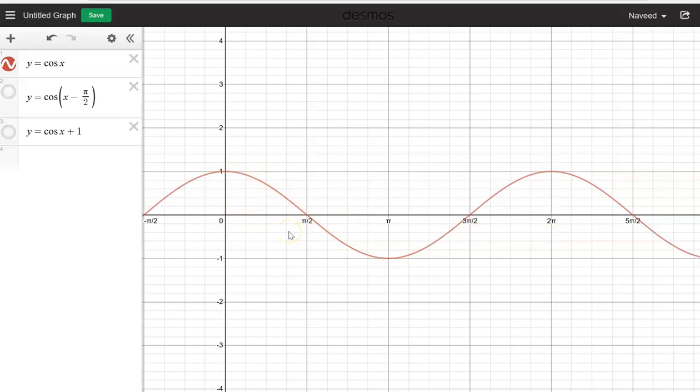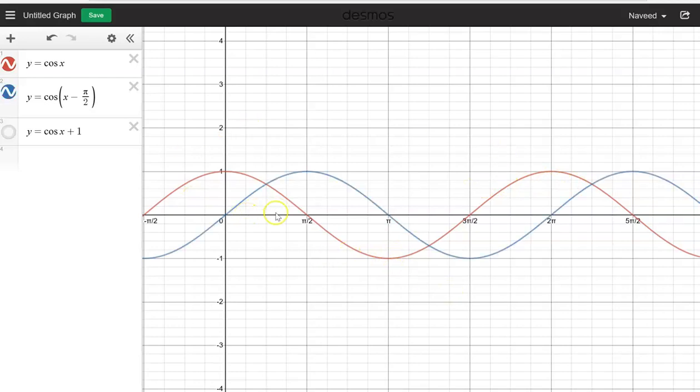And then when we do the cos of x minus pi over 2, what it means is that this graph will be shifted to the right by pi over 2 units. So the coordinate (0, 1) becomes (pi over 2, 1), and every other point on this original cosine function will shift accordingly by pi over 2 to the right.